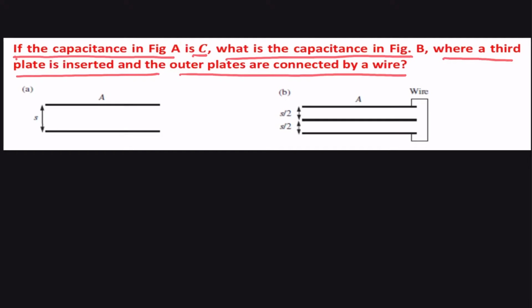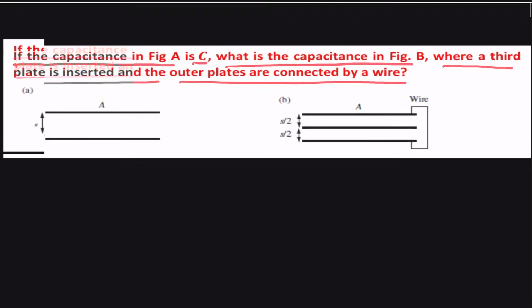So basic figures A and B are given to us, and in figure A we are having a parallel plate capacitor. And then in figure B we are given that a third plate is inserted at the midpoint.